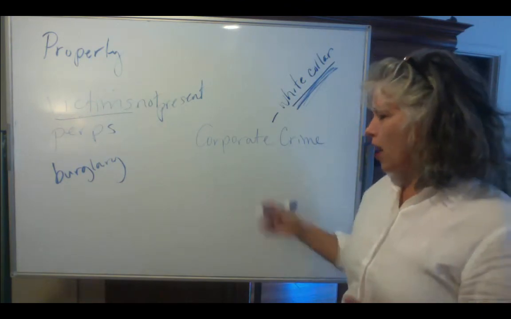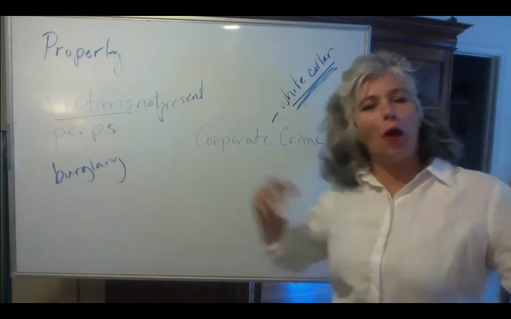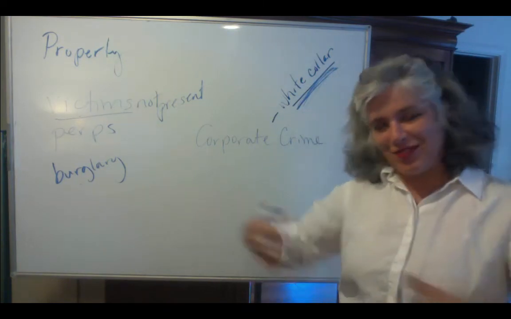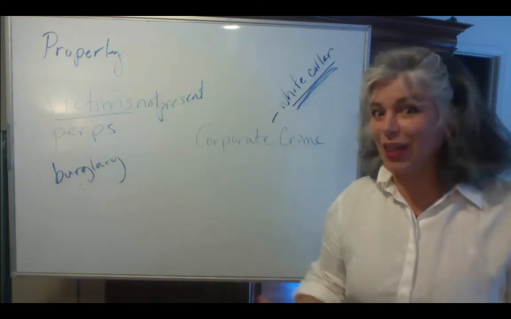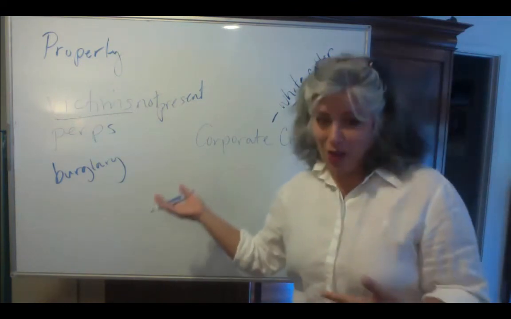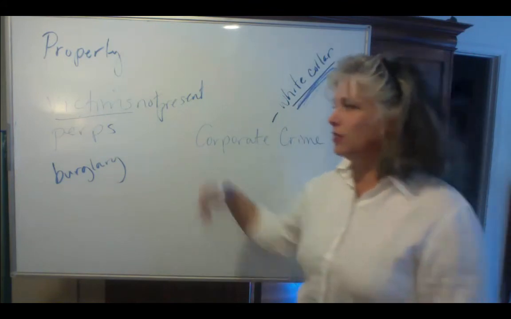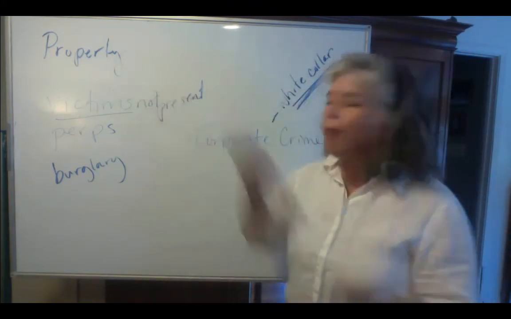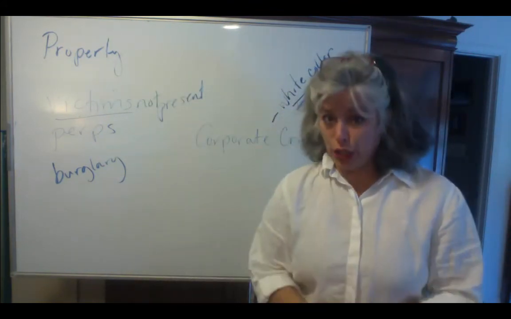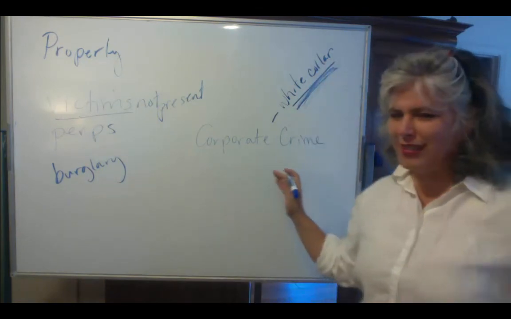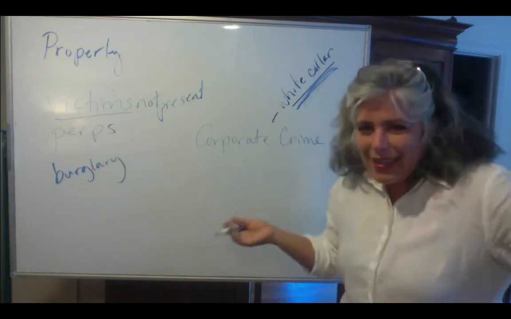So corporate crimes are not really open to the population of the United States at large, whereas property crimes are, like anybody. I don't care who you are. You can be a billionaire's kid and steal somebody's backpack. A property crime, any of us can do. Corporate crimes, though, let's ask ourselves this. Can anybody do them?